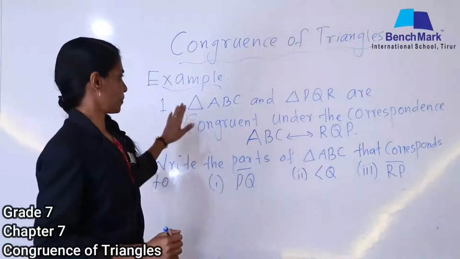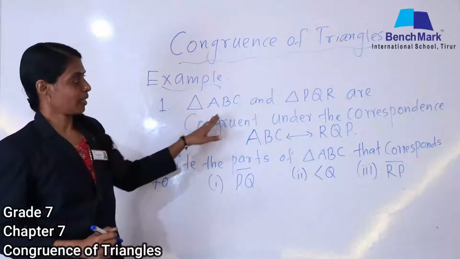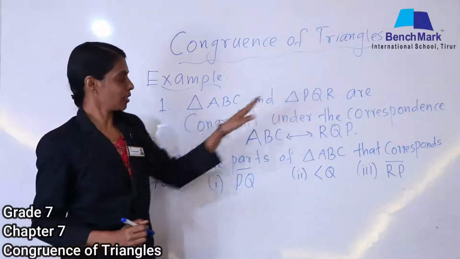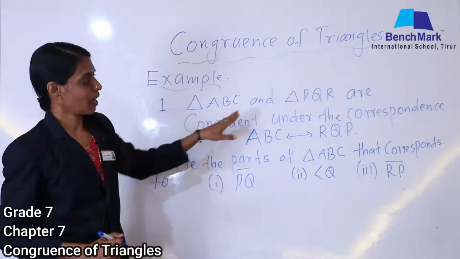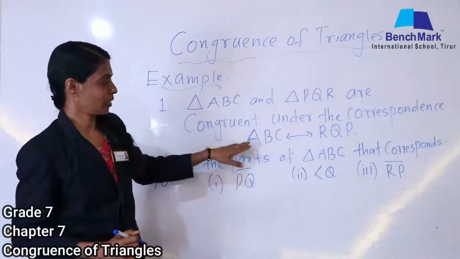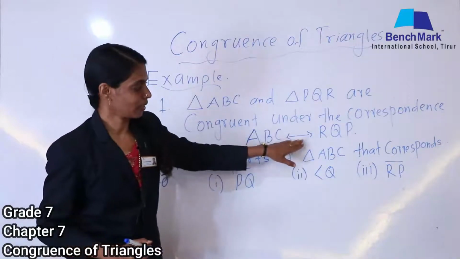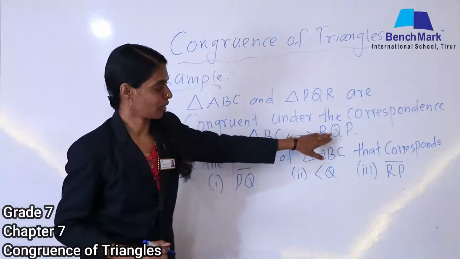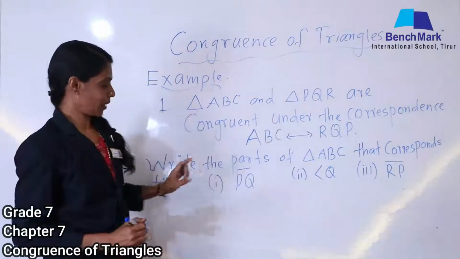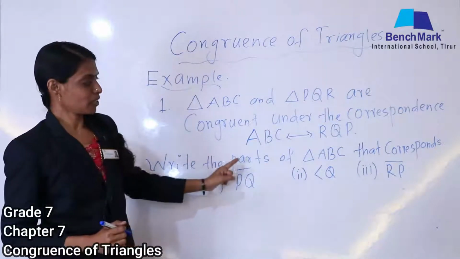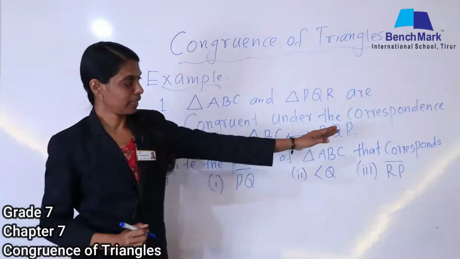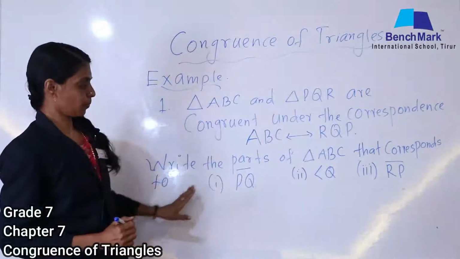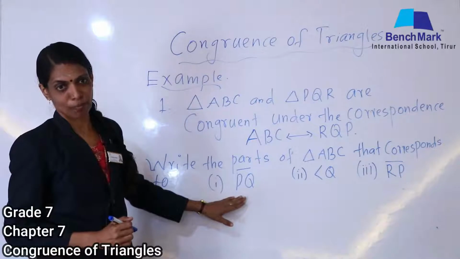Here is a question. Triangle ABC and triangle PQR are congruent under the correspondence ABC corresponding to RQP. Write the parts of triangle ABC that correspond to, the first one is PQ.